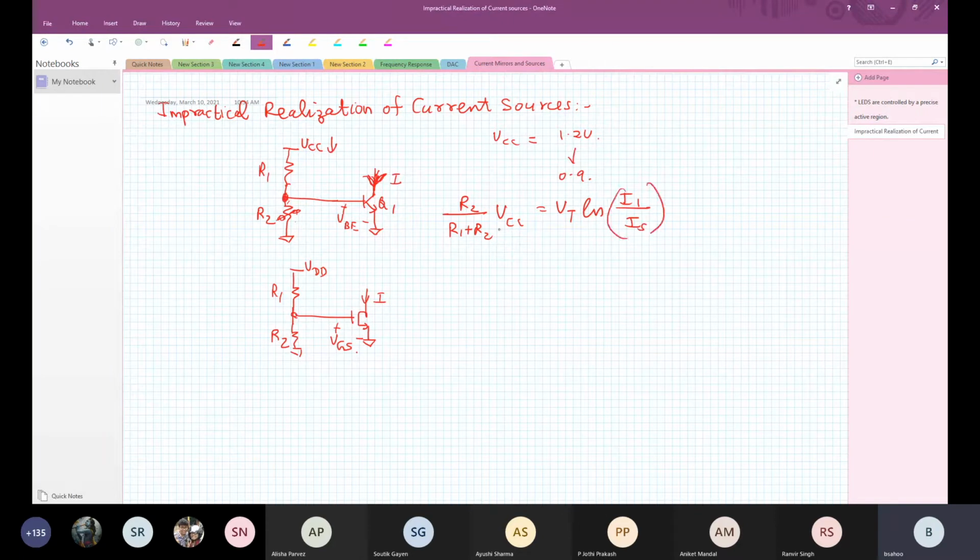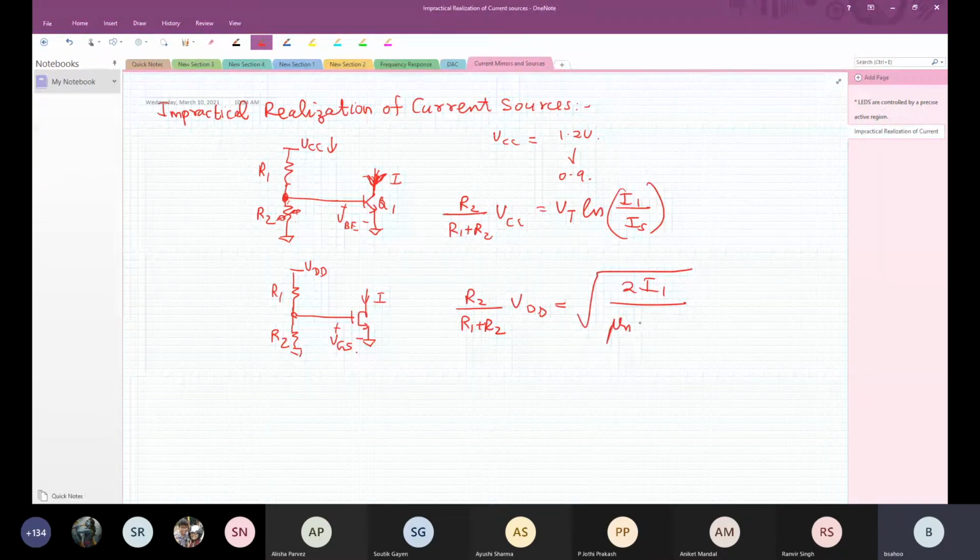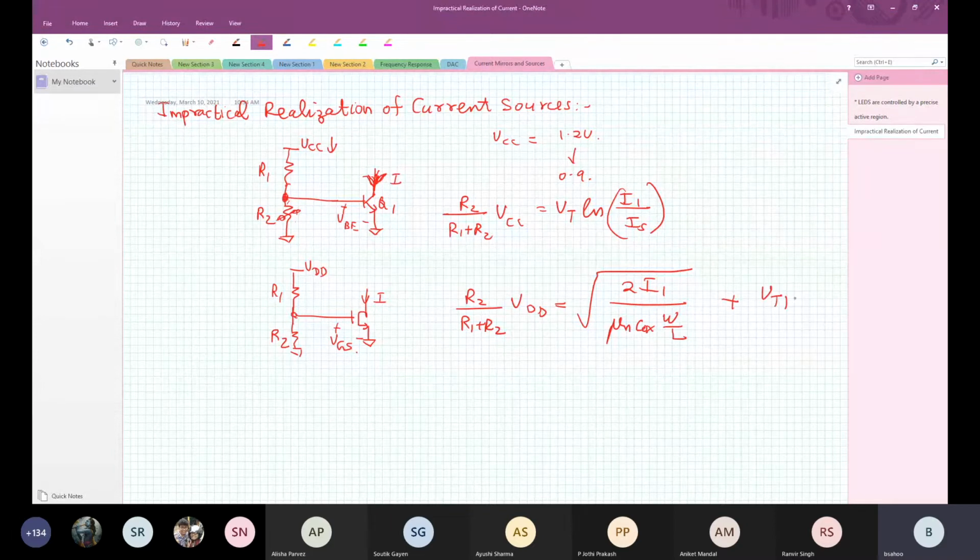This is VBE. And here it is R2 by R1 plus R2 times VDD equal to square root of twice I1 by mu n Cox W over L plus VTH.